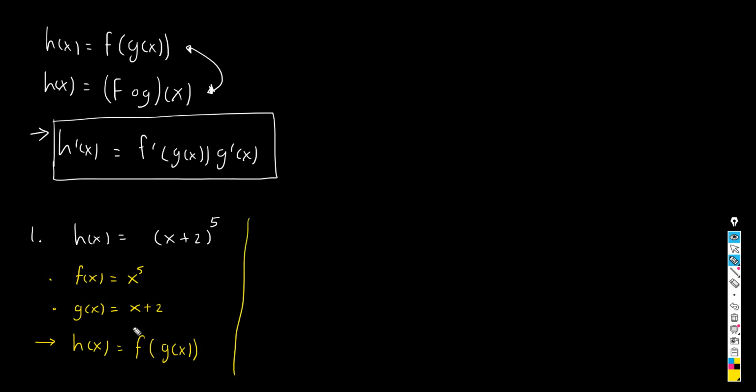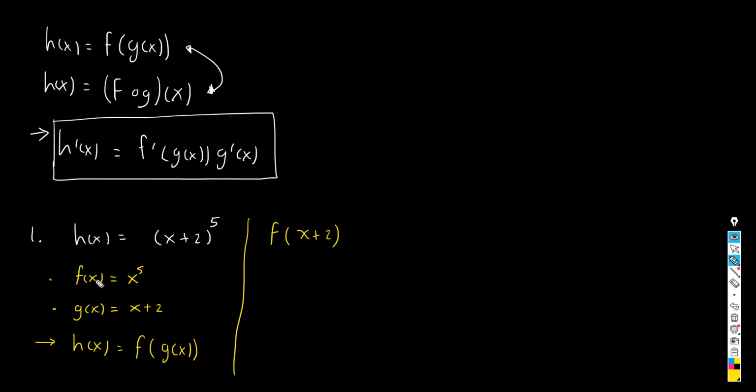Because, look, f of x is equal to x to the 5th, okay? So if I evaluate f on g of x, what I'm saying is that I'm evaluating f in this number, right, in x plus 2, because that is g of x. So let's evaluate f in x plus 2.